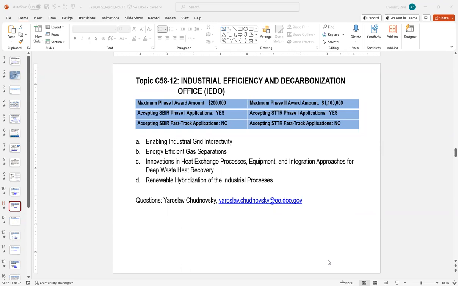Subtopic 12B. Gas separations. Will an HVAC filter be something of interest?